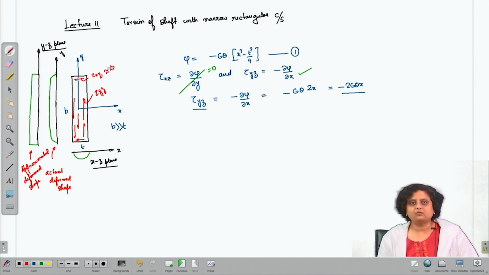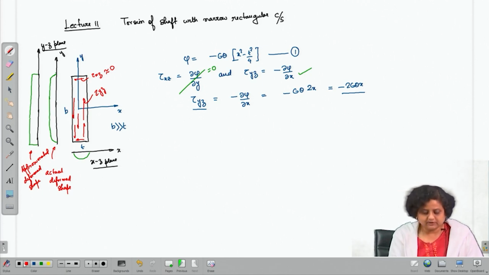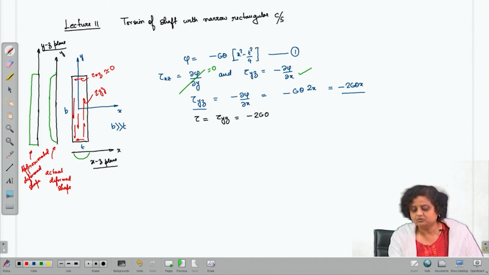The effect of tau xz will be very minimum. So, the predominant stress that we have is tau yz, and the distribution of tau yz is given as 2 G theta x.